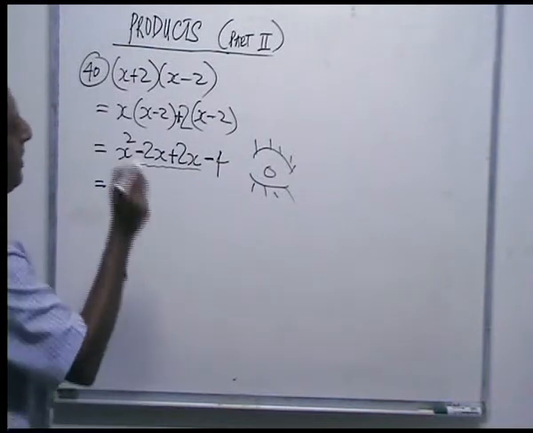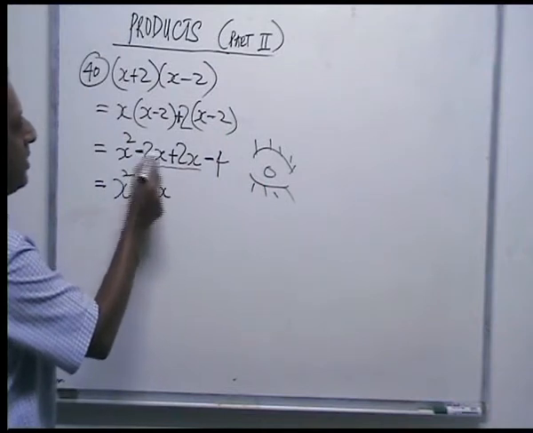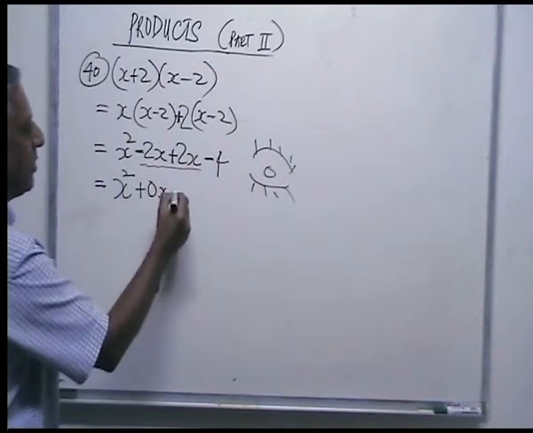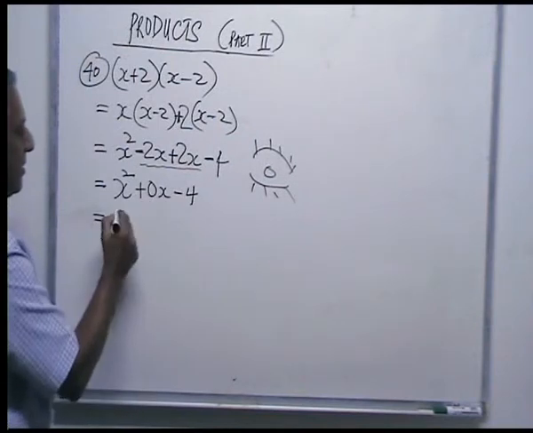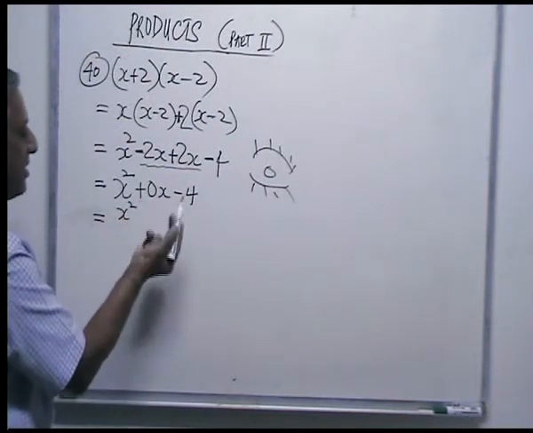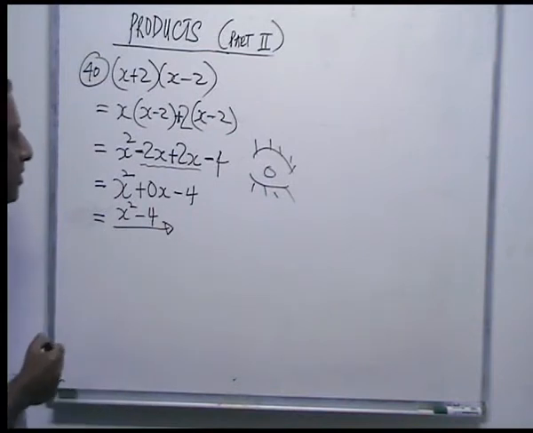Well, if you say, no, there is 0, so I'll write it like this: plus 0x, because minus 2 and plus 2 gives you 0, and then you've got minus 4. But 0 times anything is nothing. 0 times any number is 0. So the final answer is actually x squared minus 4, because there's nothing in the middle of it.